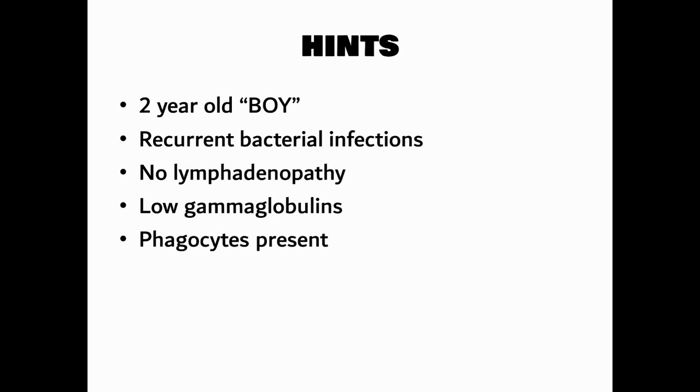The second clue is that this boy developed recurrent bacterial infections. Now, this clearly tells us that this boy is immunodeficient. This can be either primary immunodeficiency, where there is some defect in the production of the immune mechanisms in his body by itself, or it can be secondary immunodeficiency, which is induced by external agents like infections such as HIV, or due to treatment with corticosteroids.